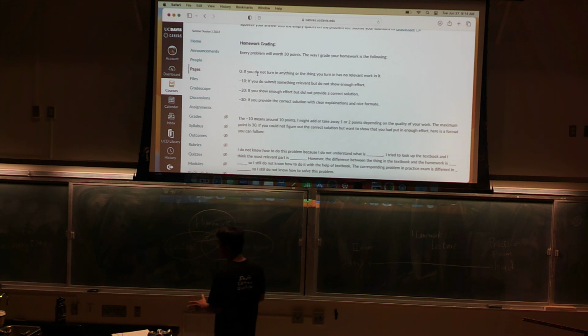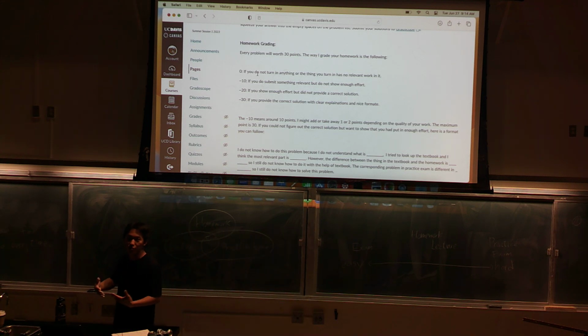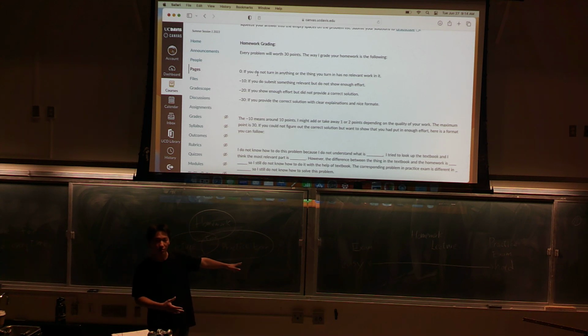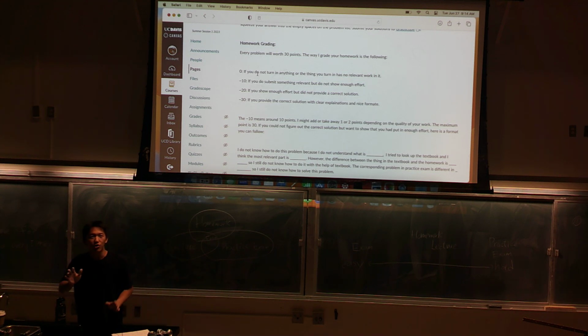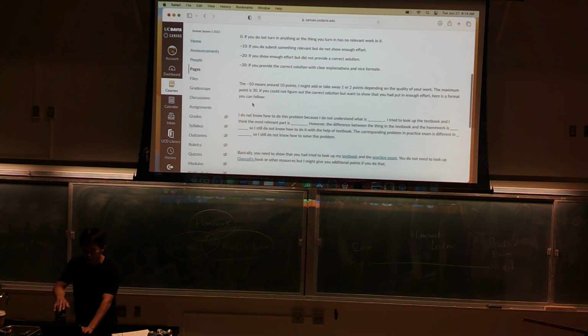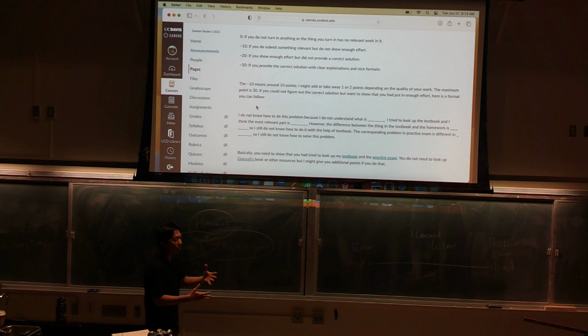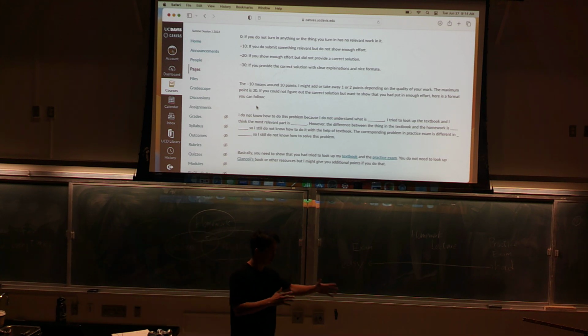But to get 20 points, you need to show that you really try to solve the problem. By really try, it means that you check the lecture and you check the practice exam. I'll give you the solution, so you should be able to figure out how to apply the same concept to your homework. And to show that you have made enough effort, you can write down something like, the reason you don't know how to do this problem is because you don't understand dimensional analysis.